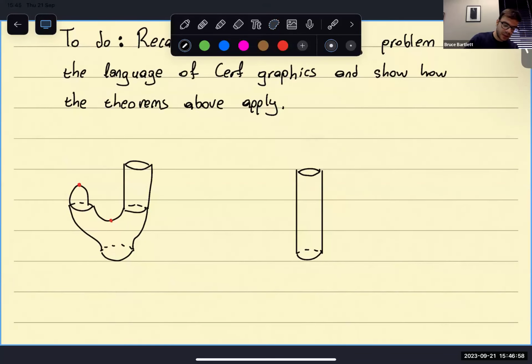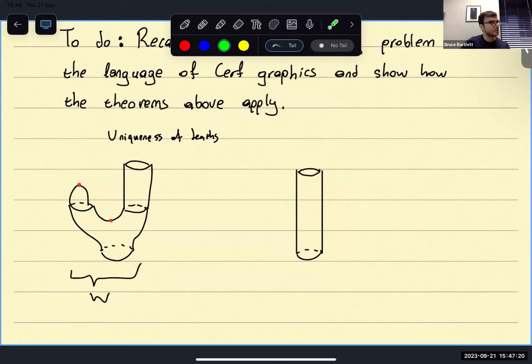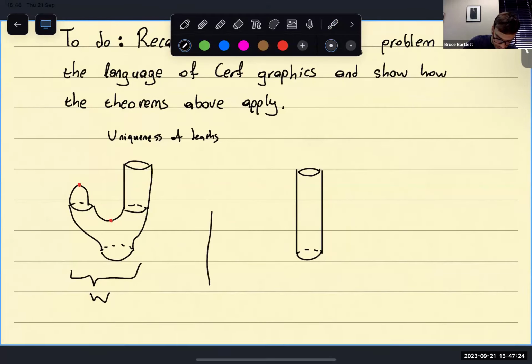Here, for example, if we look at the uniqueness of deaths theorem, you would have this manifold on the left. That's our W, and the Morse function that we begin with is the height function.